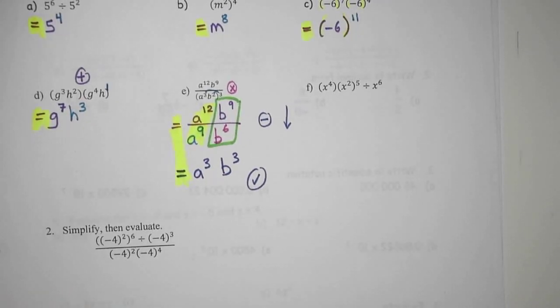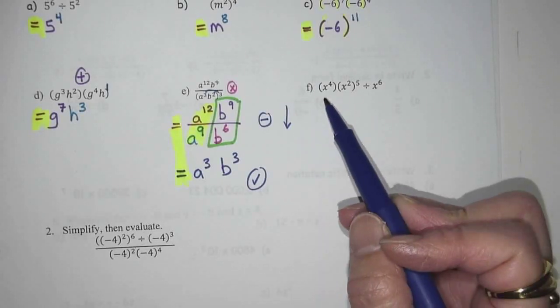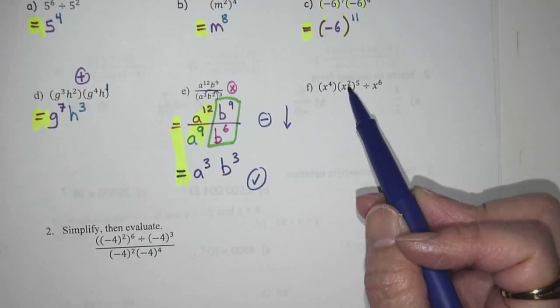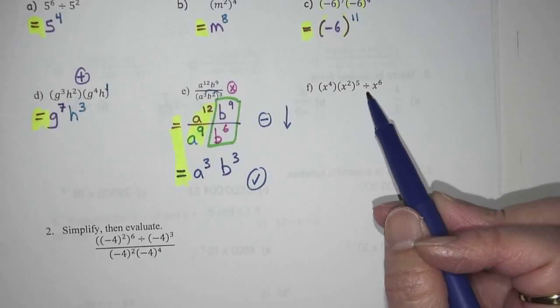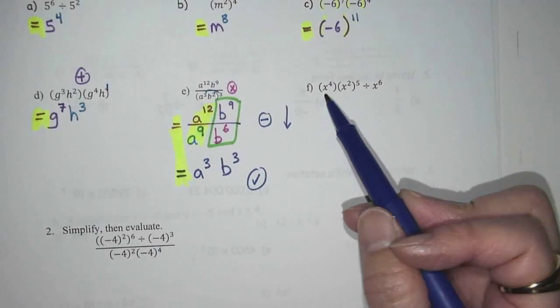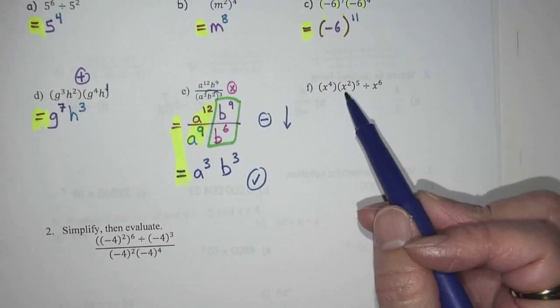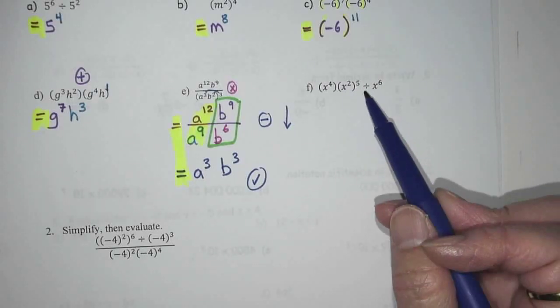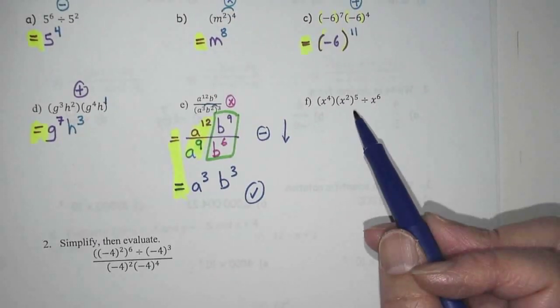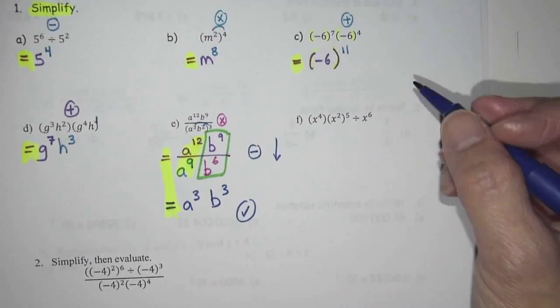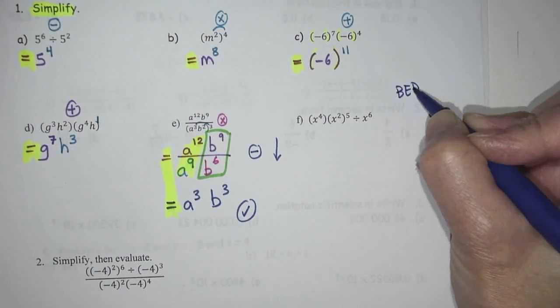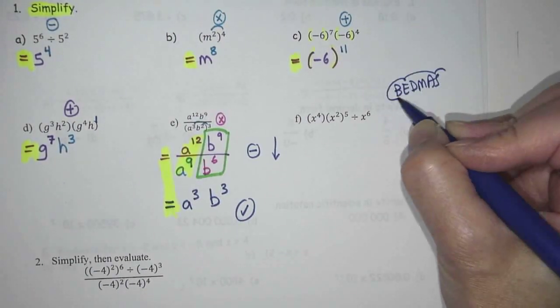Okay, let's keep going. Looking at this, I have x to the 4 times x squared to the power 5 divided by x to the 6. So here, you want to look to see which part of BEDMAS we're working with.